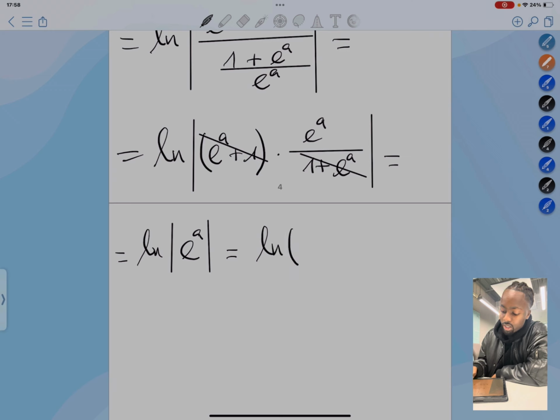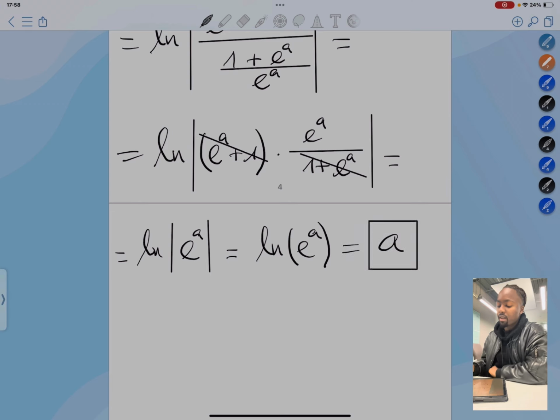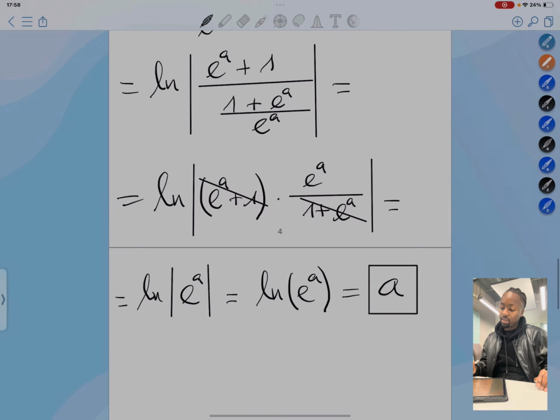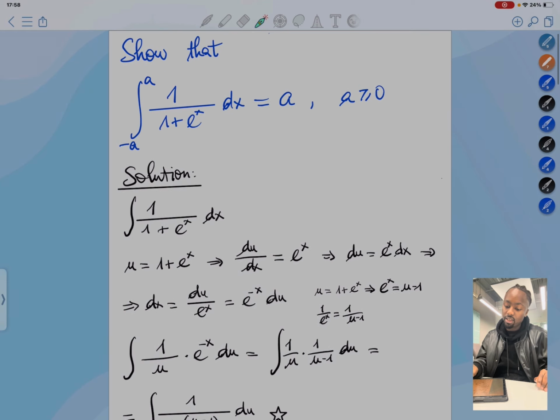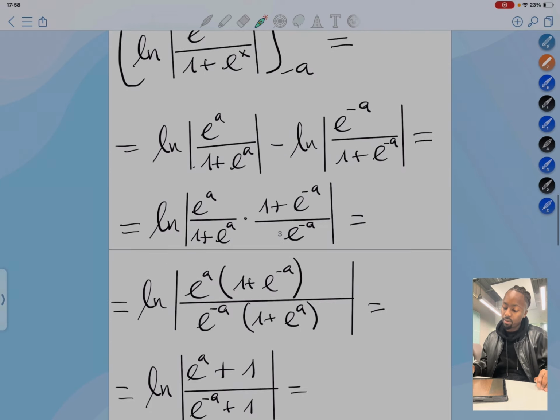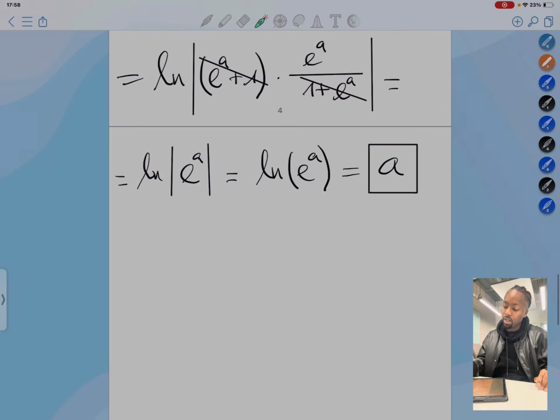We can just write the natural log of e to the power a, which is a. And we can see that we have shown that this integral here is equal to a.